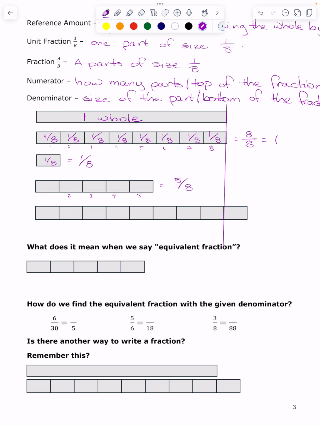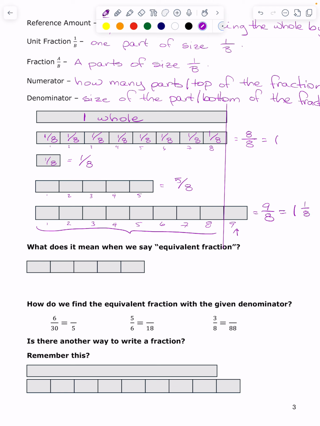If we count, I've got 1, 2, 3, 4, 5, 6, 7, 8, 9. 9/8. Okay. And if we look at it, we see that we do have 1 whole here, and then I have 1 extra piece of size 1/8.